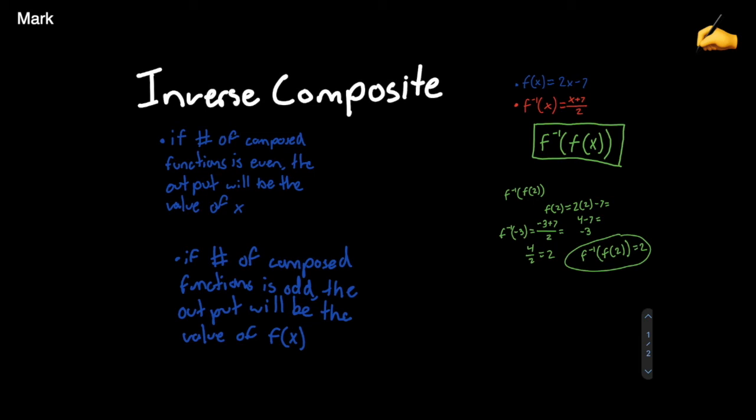Then the second key takeaway here is that if the number of composed functions is odd, the output will be the value of f of x, not x, but f of x. So essentially, if we have something like f⁻¹ of f⁻¹ of x, the value of that composite function will be f of x.